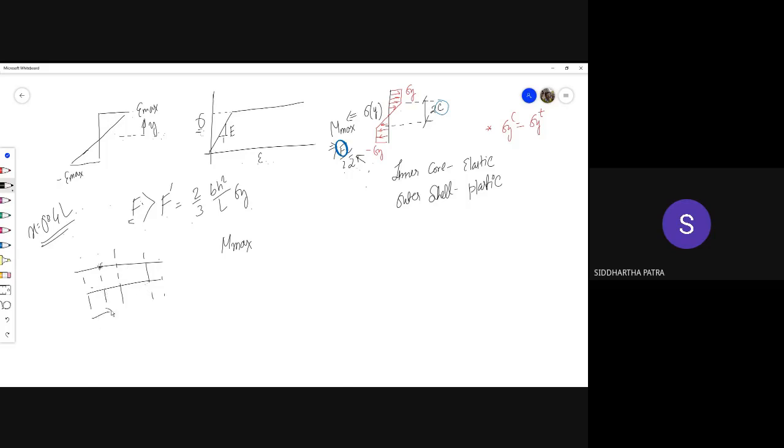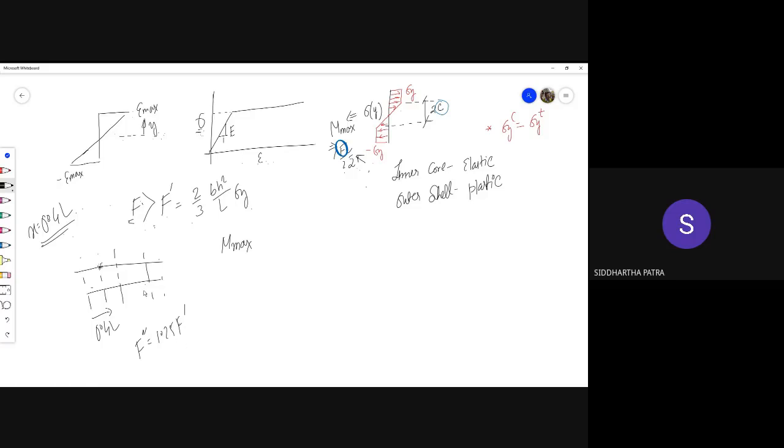Let's say this is 0.4 L. Over this cross section, you can do the math for how much force value you need to have yielding started. The answer is very simple. That is going to be, let's call it F double prime, 1.25 times F prime, simply because the bending moment is proportional.